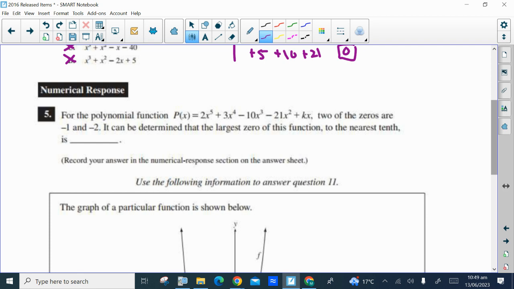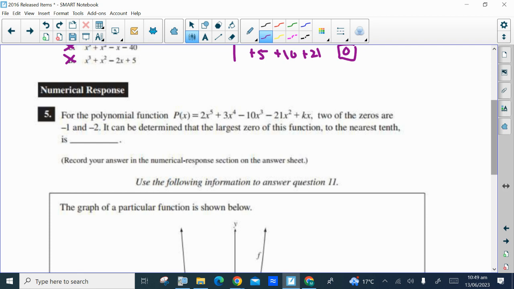Well, we would use the remainder theorem for this. If negative 1 is a 0, that means that x plus 1 is a factor. It means that when you divide by x plus 1, you'll get a 0 remainder. But the remainder theorem tells us that if negative 1 is a 0, then p at negative 1 will equal 0.